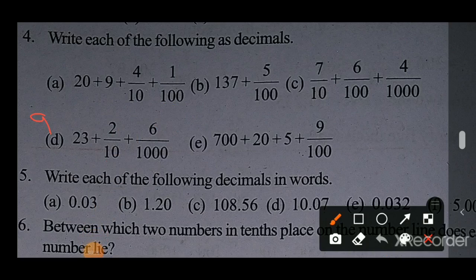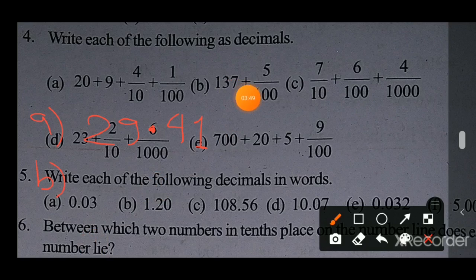It is 20 plus 9 it is 29, then decimal, because 4 by 10 we write in the decimal part, so it is 4, and 1 upon 100 is the place for hundredths, so we write here 1. So the complete number is 29.41.